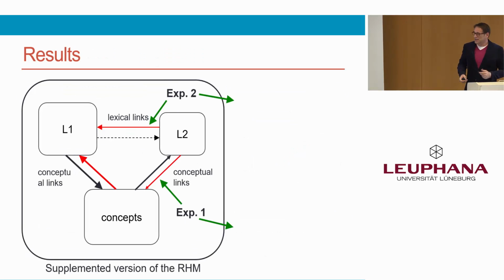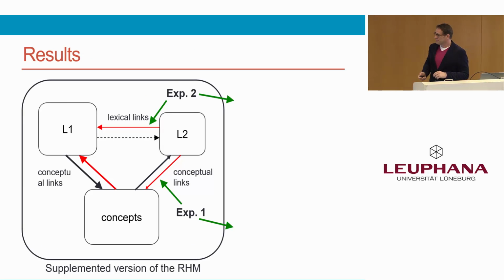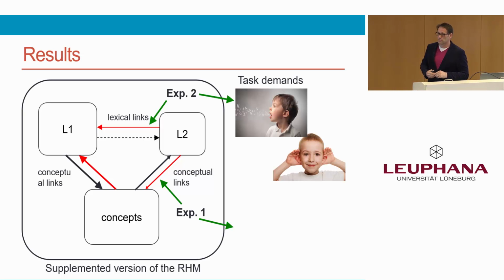So what did we find here? Well, we found two different things depending on the experiment. In experiment 2, we found that, yes, for the production task, evidently, these kids still relied on the lexical link in the backward translation. So they were faster translating from the L2 English to Dutch than the other way around.